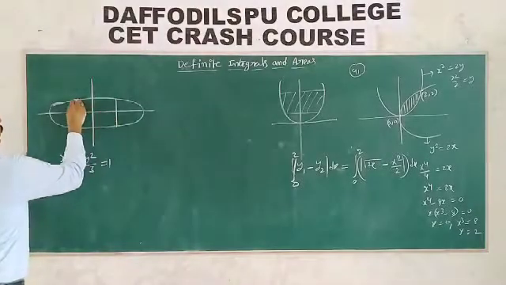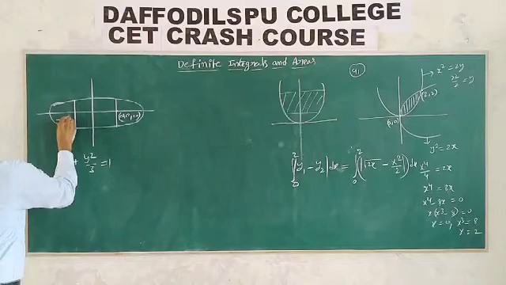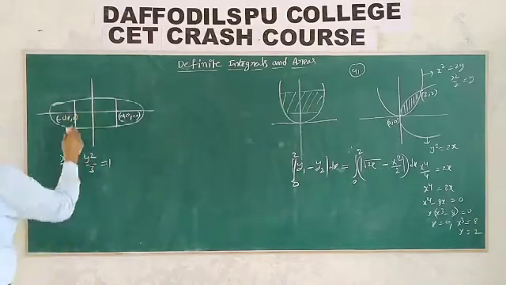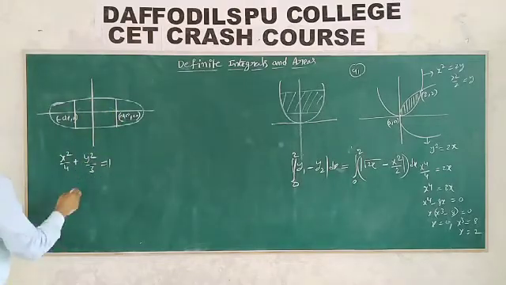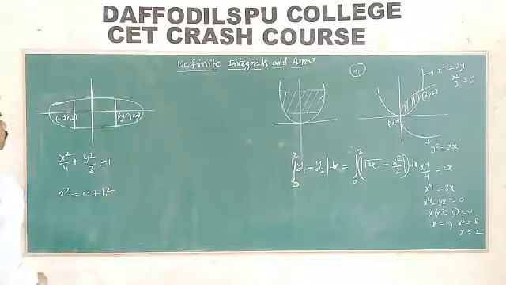This is the latus rectum passing through the focus a comma 0, and this is minus a comma 0. You know the relation of the ellipse. What is the relation? a square is equal to c square plus b square.